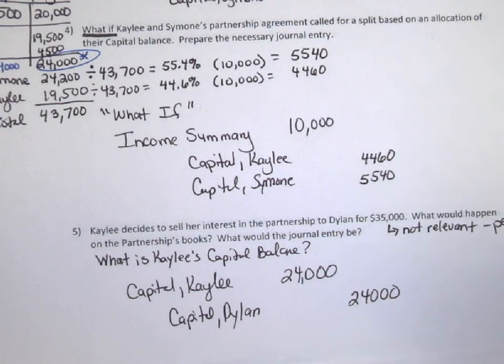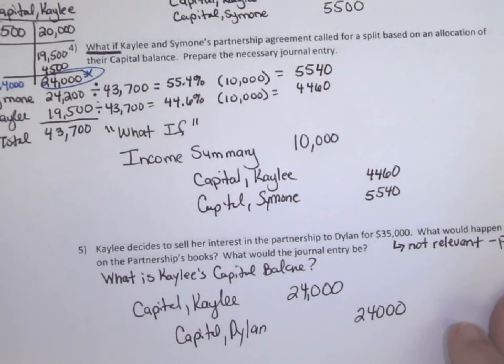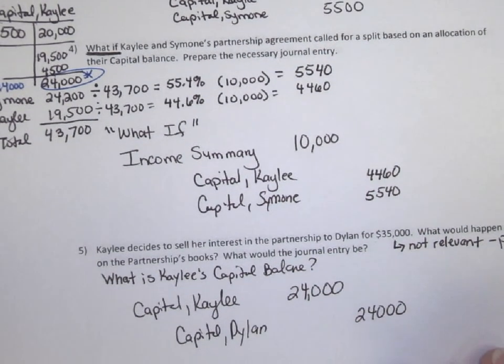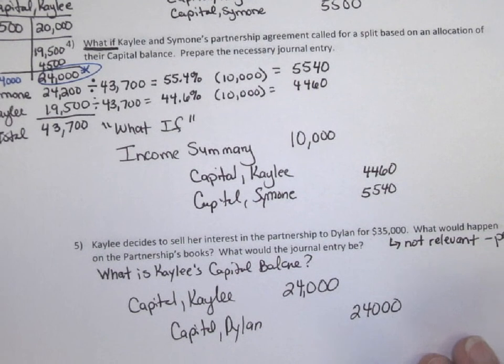And so that is what we see with what is happening with this particular transaction. And this is when one partner decides to sell an interest to someone outside of that partnership. This is what you would see, is those capital accounts would need to switch out and would need to change when that happens.